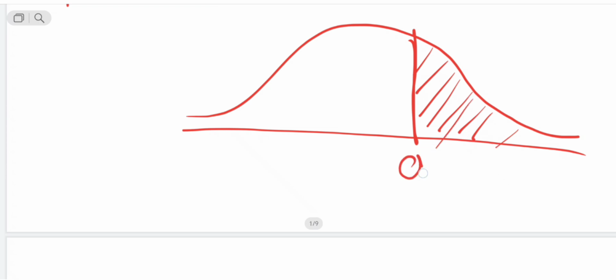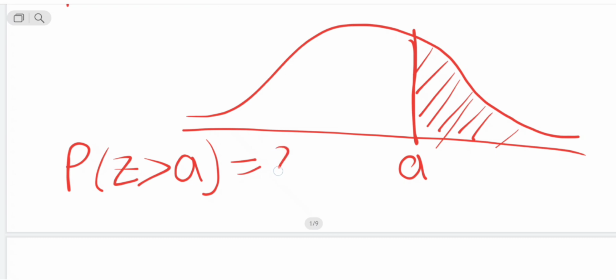So this is, for example, A. What is A? A can be any number. So you have to find the probability of Z greater than A. A can be, for example, 0.67. So how to find it?